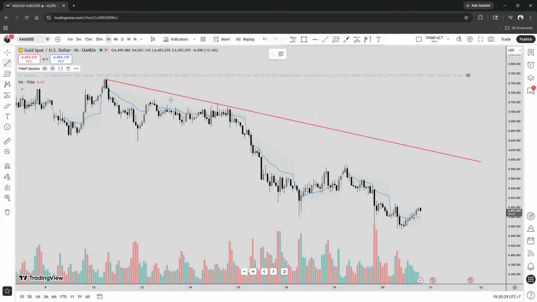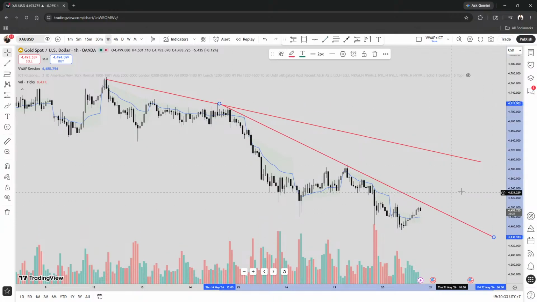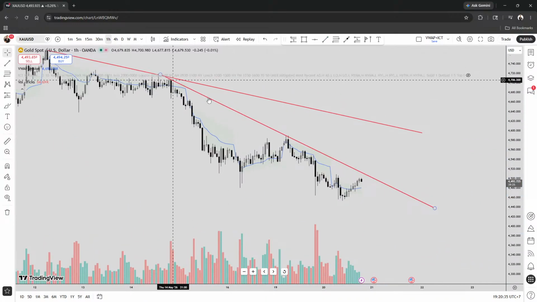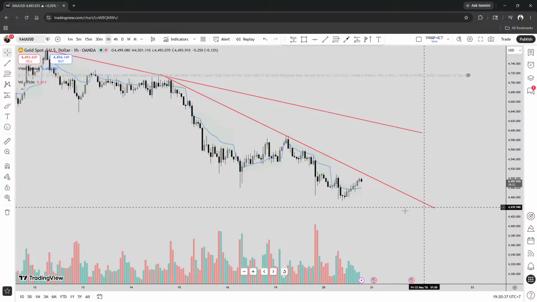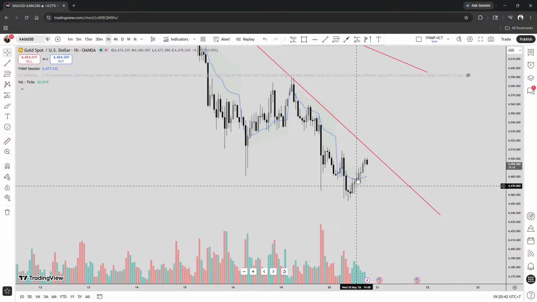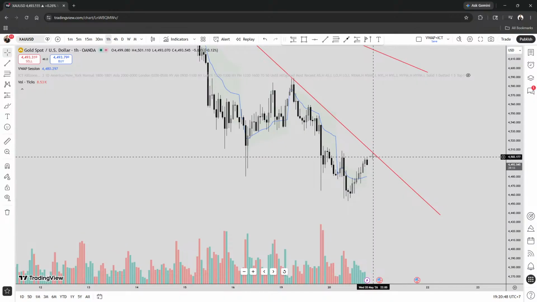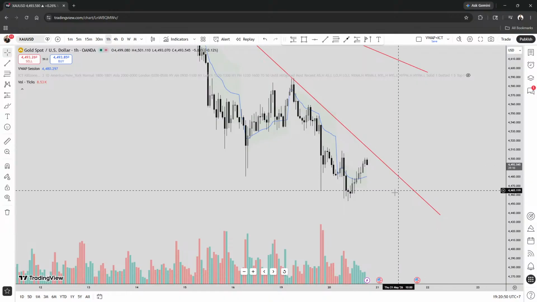This one is the bearish trend line, and this is the progression of the bearish trend line. The price in the 1-hour time frame is still in very bearish momentum, or bearish trend, you can say that.